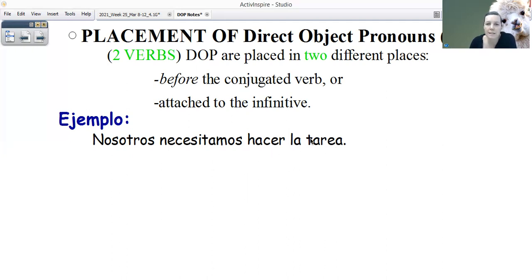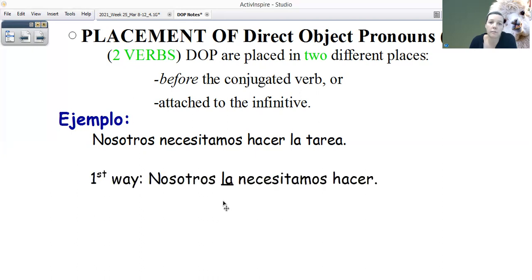So you replace that, cross it out, and you replace it with la, right? We substitute la. If we don't want to say the homework, we can just say we do it. So the first way is your la goes before the conjugated verb. So you have nosotros la necesitamos hacer.